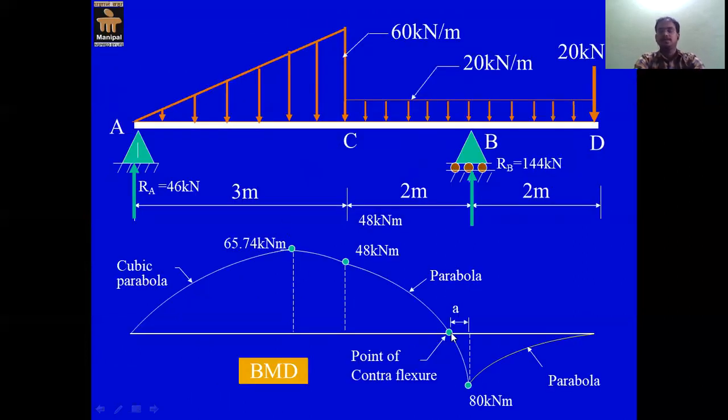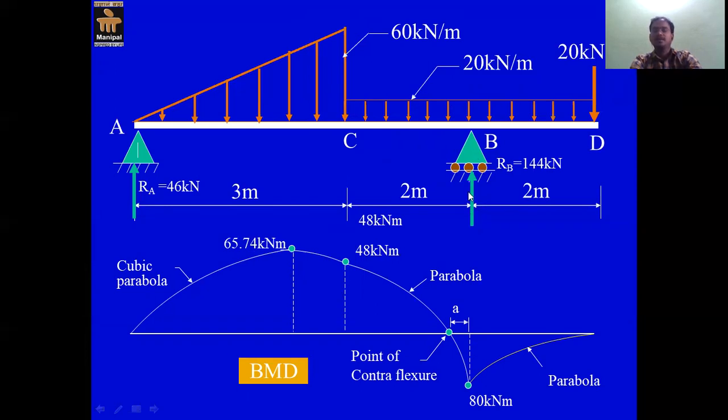Now, they assumed that the point of contraflexure is in between C and D. So you should take a point at a distance small a from the point B. Now, we need to find the moment at this point, so you should write an equation for the moment.